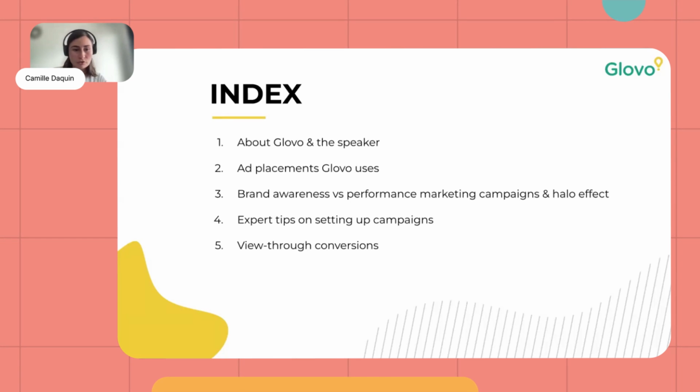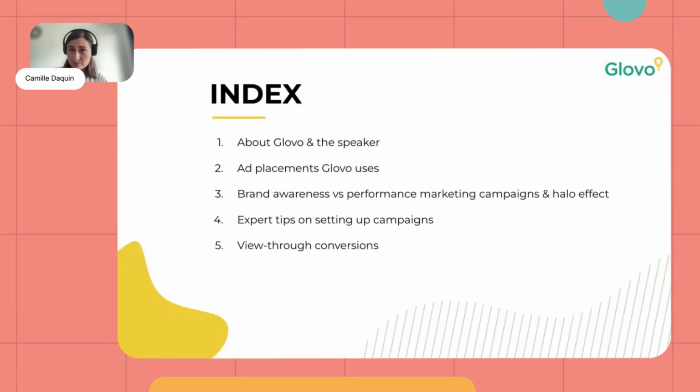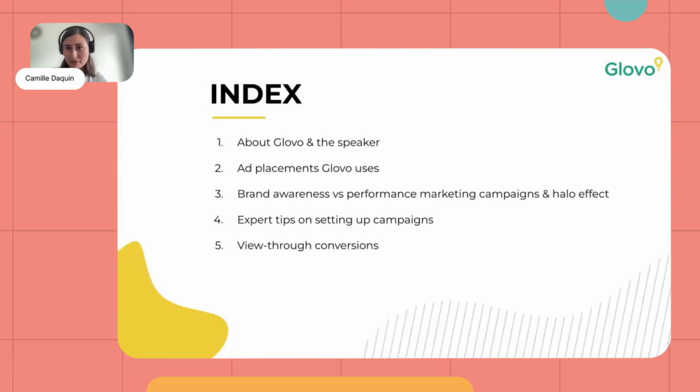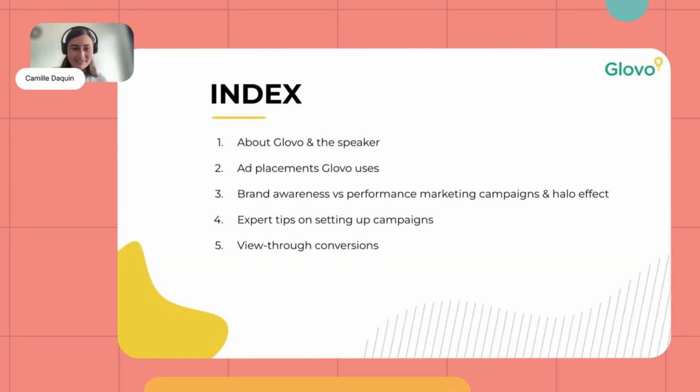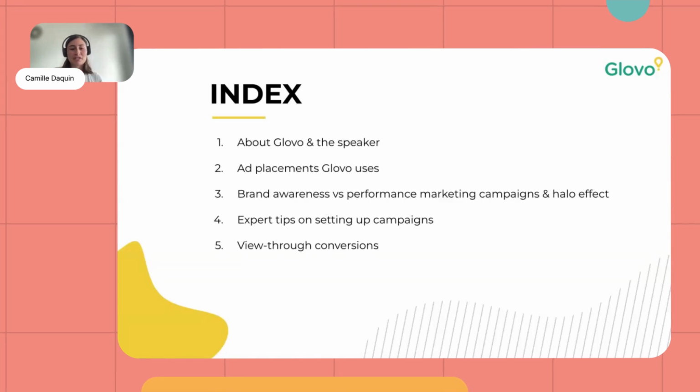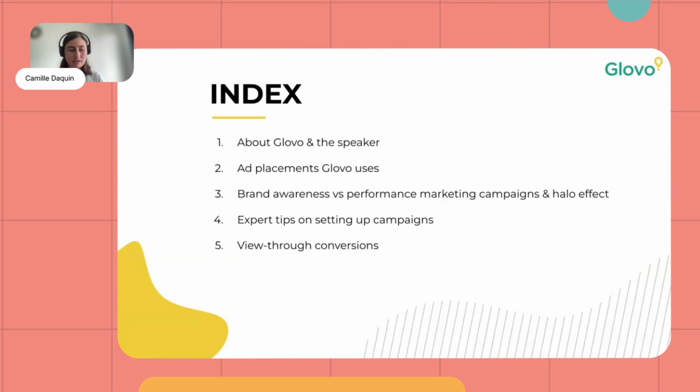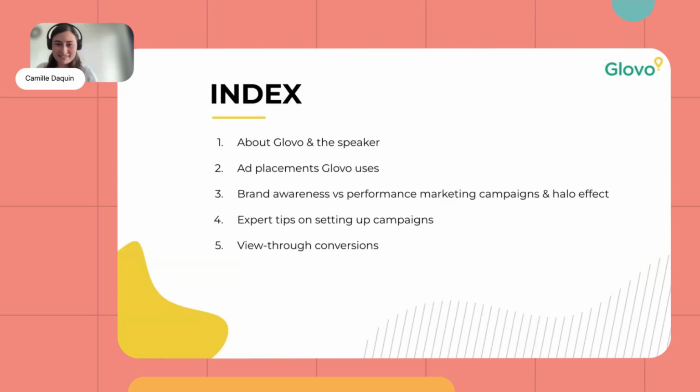I will also give you some expert tips on setting up your best campaigns in Apple Search Ads. And we will finish by reviewing the latest view for conversion available in the Apple Search Ads platform for us and how it can be useful for your campaigns. So yeah, very exciting.